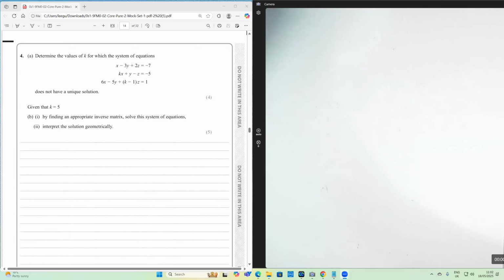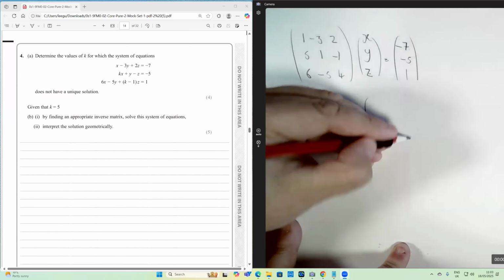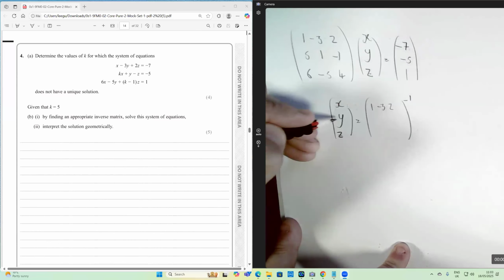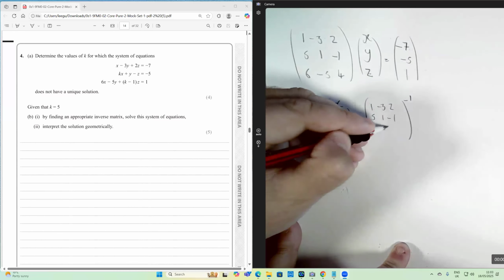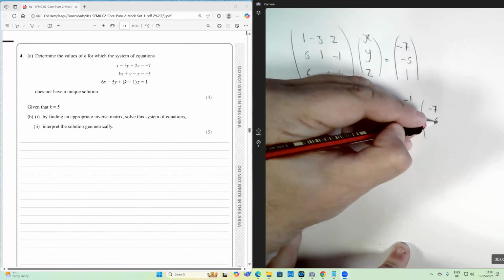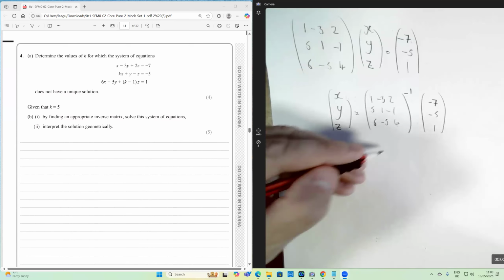So that means that x, y, z, our unique point, is equal to the inverse of this matrix, 1, -3, 2, 5, 1, -1, 6, -5, 4, multiplied by -7, -5, 1, is going to give us our x, y, and z, our unique solution.